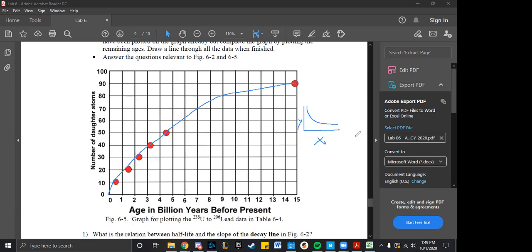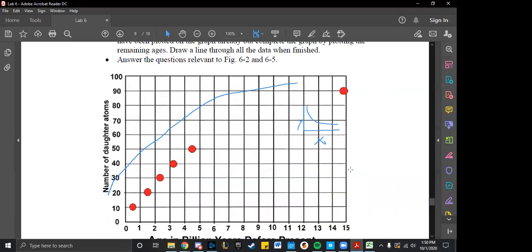The slope is higher the more parent atoms there are, but the slope decreases the longer time goes on. Does that make sense? Kind of. So it's higher the more parent atoms there are, but it decreases the more time goes on.